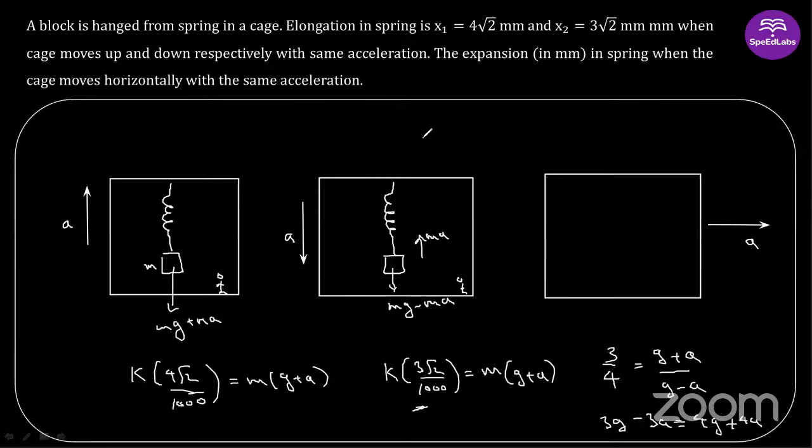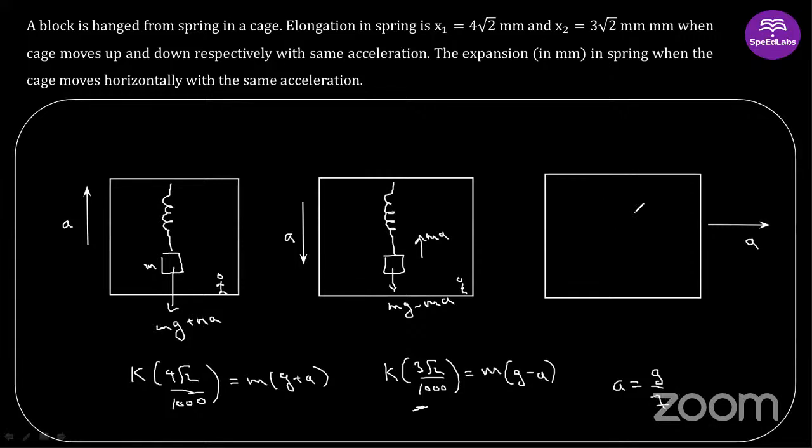This should be minus a, and that is plus, right? So it should be g minus a upon g plus a. So 3g plus 3a is equal to 4g minus 4a. Eventually 7a is equal to g, and we get acceleration is equal to g by 7. Is that clear to everyone? This acceleration is coming to be g by 7.